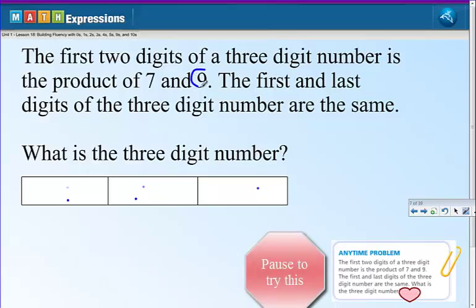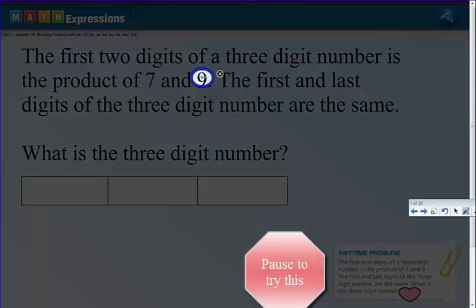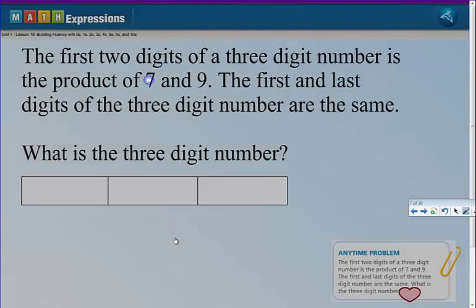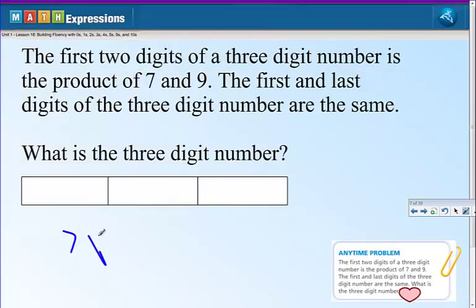So let's look at what 7 times 9 equals. If we look at 7 times 9, we get, what's the answer? 63.